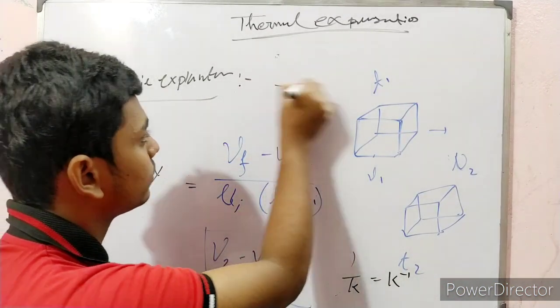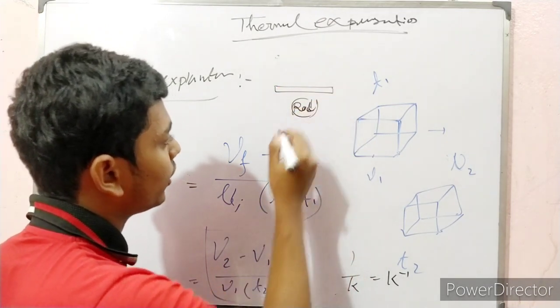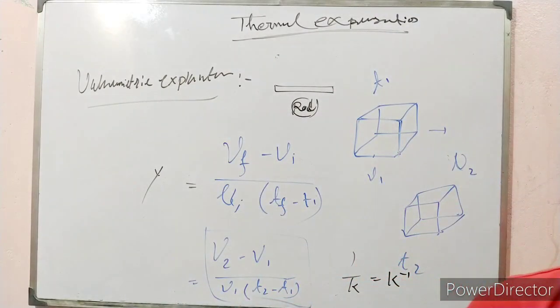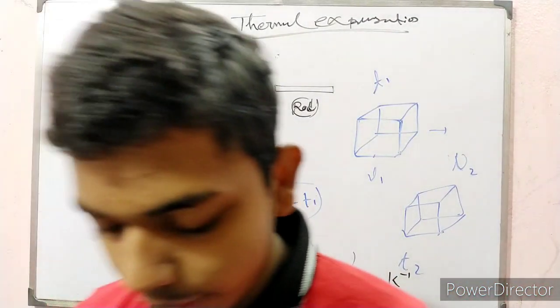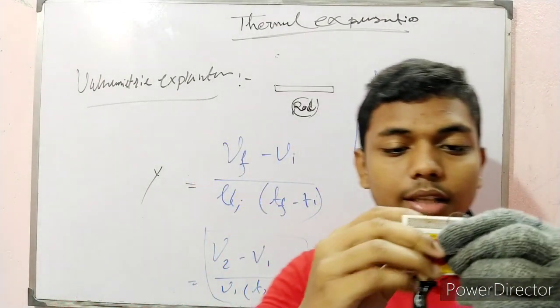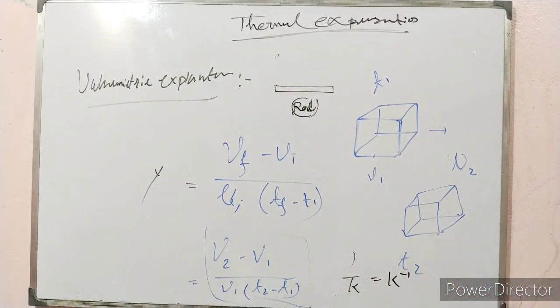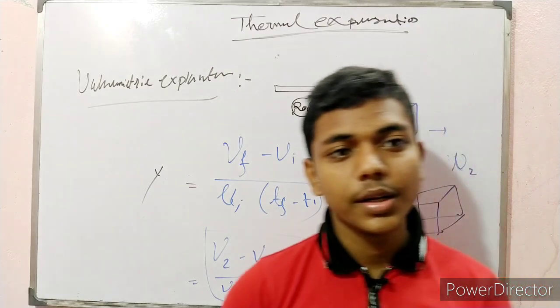If this is a rod, then it has linear expansion. If I take a cube, then it has volumetric expansion. If I take a surface, then it has surface expansion. It must be a metal that has the property to expand when heated. So this is the thermal expansion. I hope the whole concept is clear.